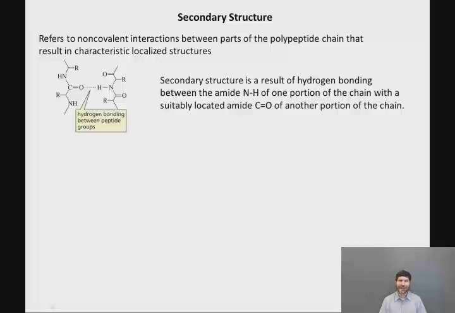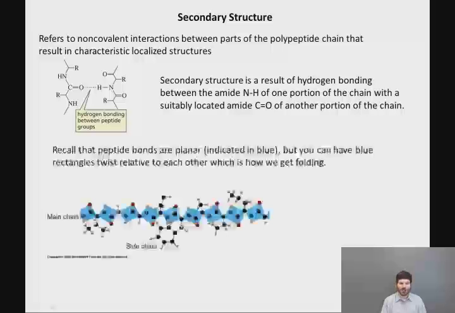And secondary structure refers to non-covalent interactions between parts of the polypeptide chain that result in characteristic localized structures. So secondary structure is a result usually of hydrogen bonding between the amide NH of one portion of the chain with a suitably located amide CO group of another portion of the chain.